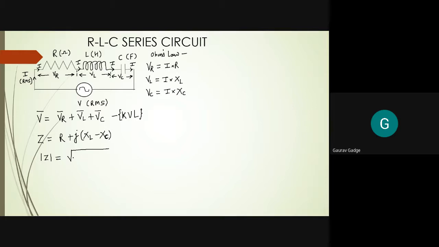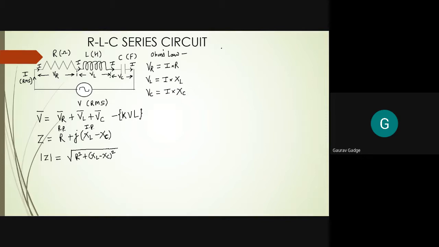If you apply the Pythagorean formula here, what you get is the root of x square plus y square, right? So here also you get R square plus (XL minus XC) bracket square, because this R is the real part of the equation and j is indicating the imaginary part of the equation.